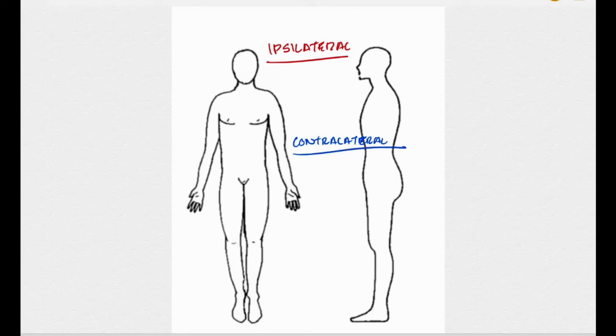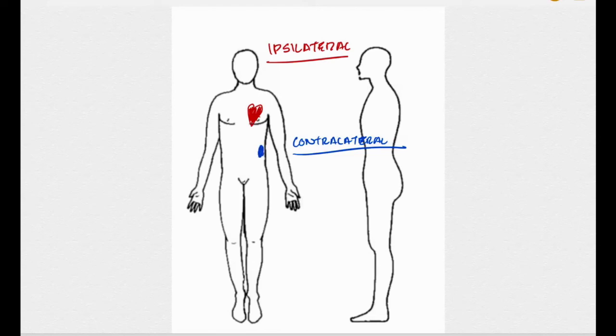Good. Ipsilateral means something is on the same side. Okay? So for example, you have your heart right here on the left side. You also have your spleen on the left side.